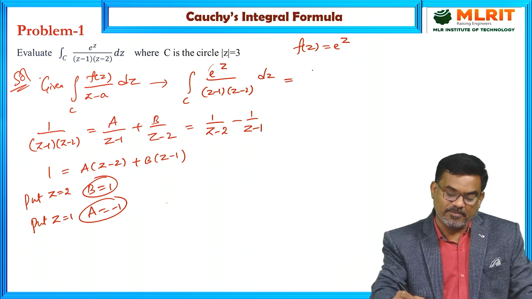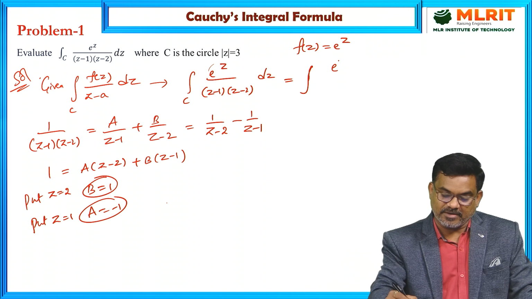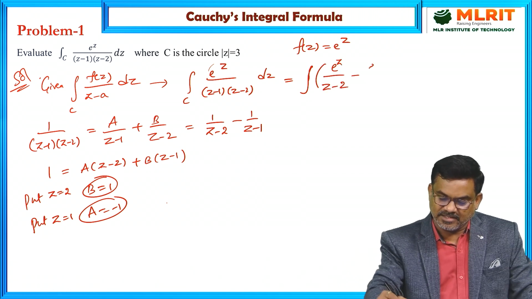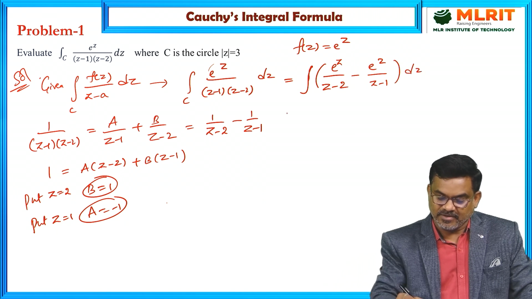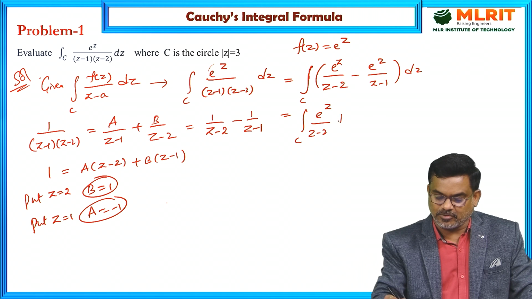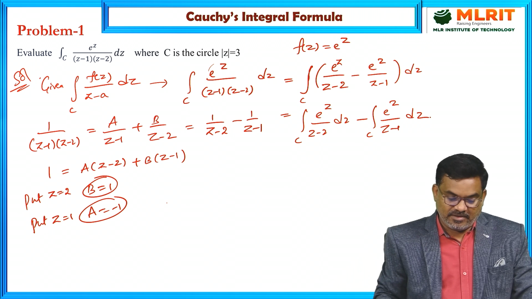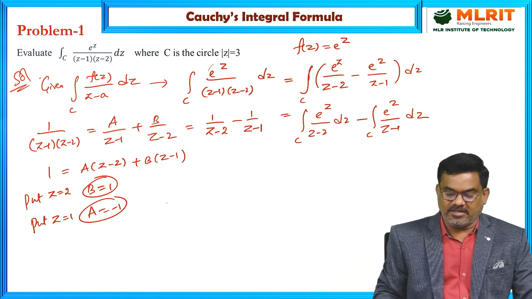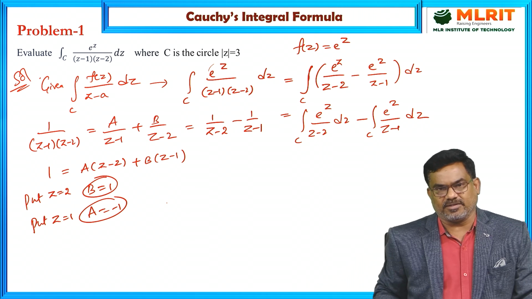So this is rewritten as e power z by z minus 2 minus e power z by z minus 1 dz. Split this into two parts: the integral of e power z by z minus 2 dz minus the integral of e power z by z minus 1 dz. Therefore the given line integral is a combination of two line integrals.